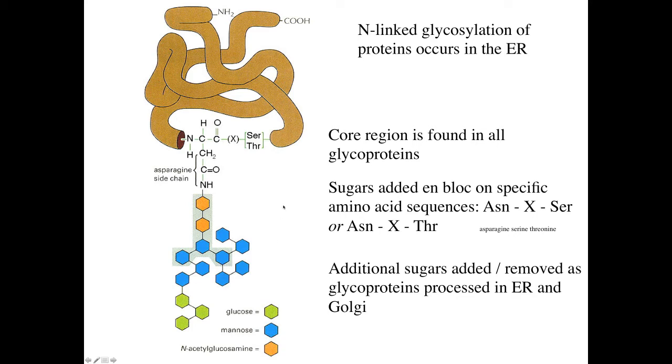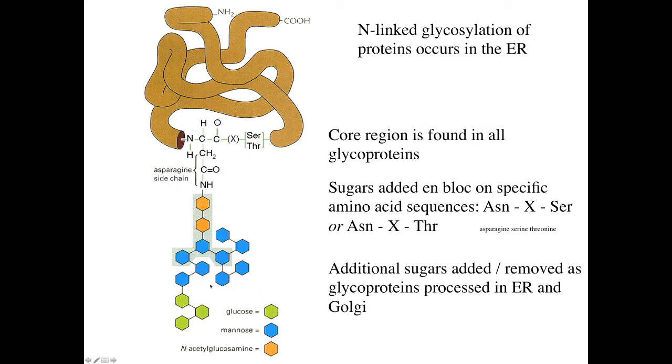Once the protein is in the lumen of the ER, it's going to go to the Golgi, and there can be addition or removal of sugars in the ER and in the Golgi. But initially, the glycoprotein has these 14 sugars added all at one time as the protein is translocating across the ER.